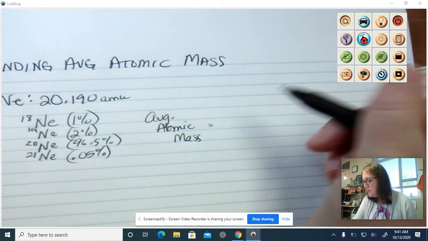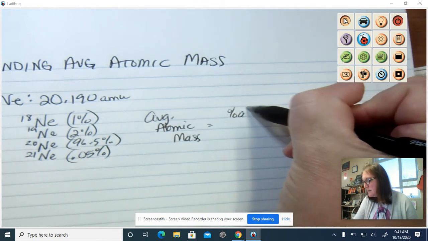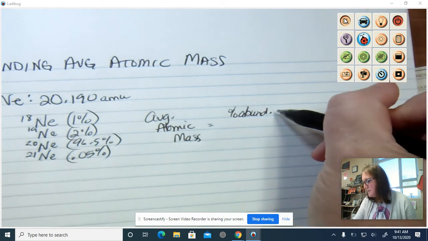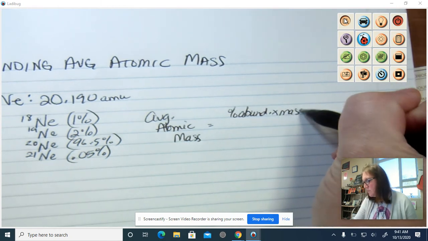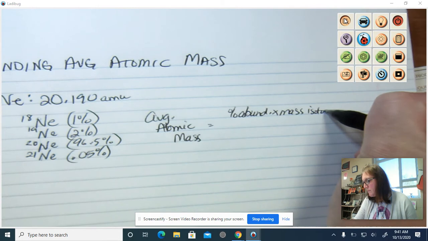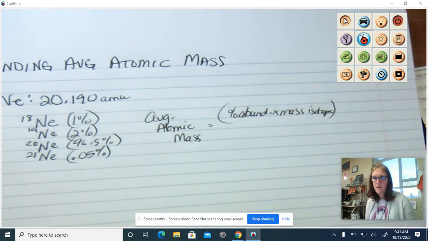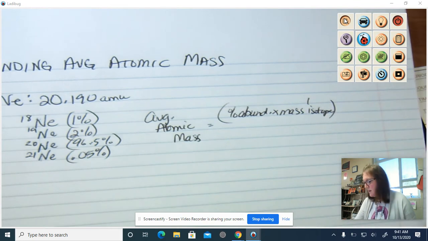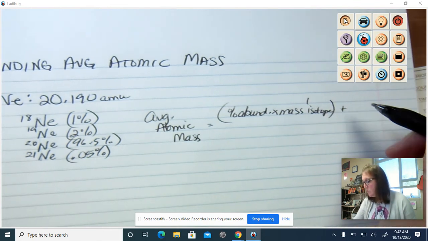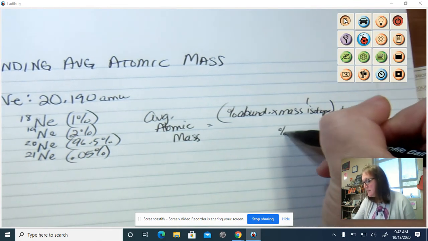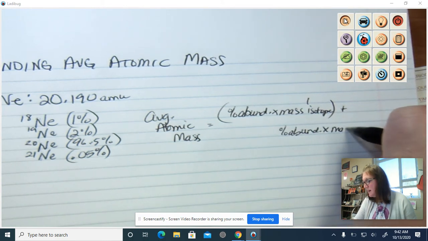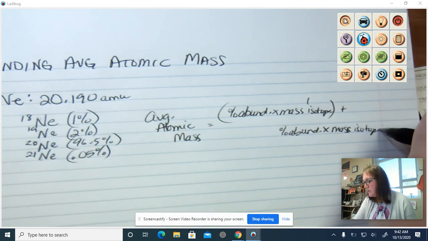So the formula would look like this. You would take the percent abundance of the isotope that we're talking about times the mass of the isotope. Okay. And so if this is the first isotope, you would add that to the next one. So percent abundance times the mass of the next isotope, so isotope number 2.